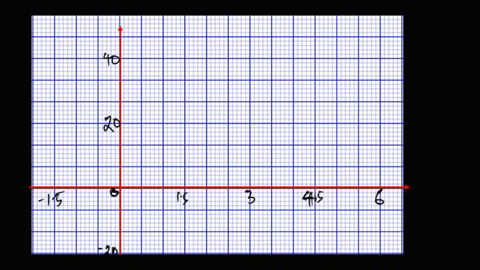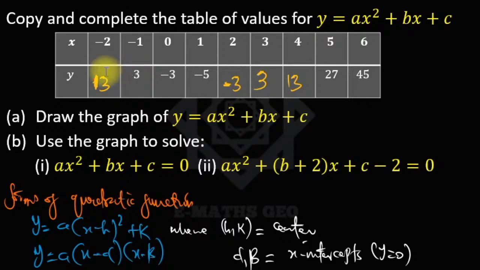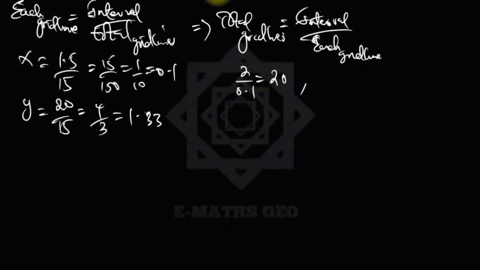Let's locate 13. For y, 13 over each grid line, 4 over 3. Let me use 4 over 3, so meaning 39 over 4. That's 9 remainder 3, so 9.75 grid lines.